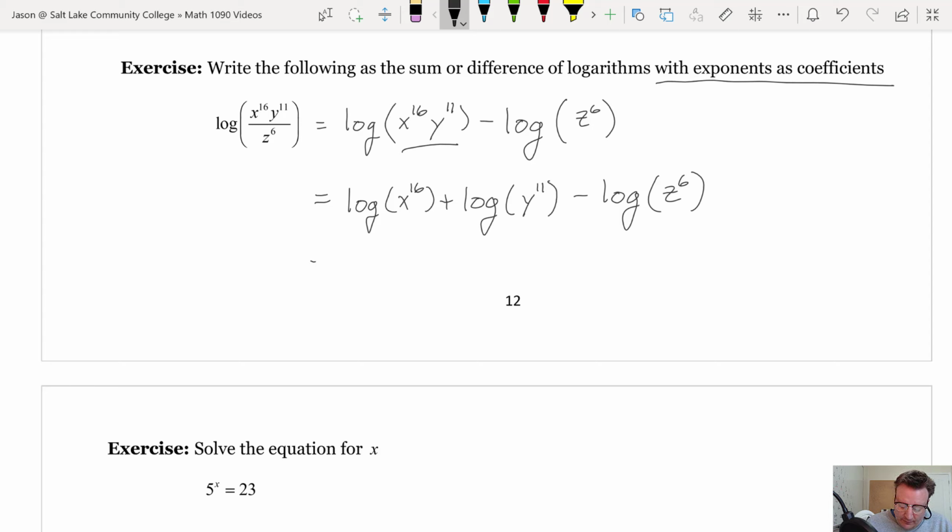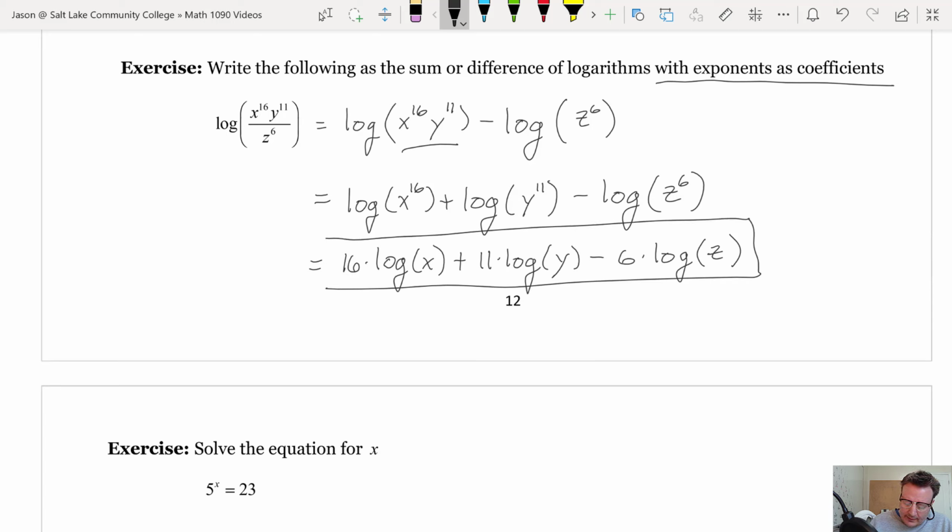So we can further decompose this into 16 times log of x, plus, if I pop the exponent 11 out front as a multiplier, I get 11 times log of y, minus 6 times log of z. There we go. That's as simple as we can get that, or as decomposed as we can make that.